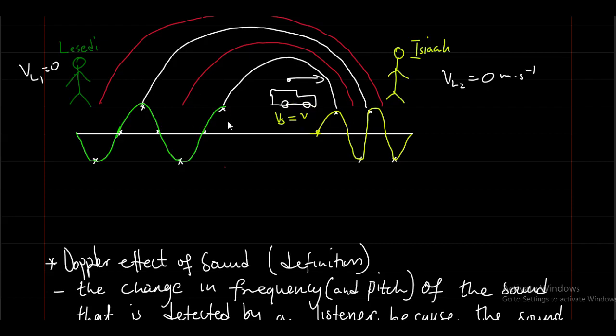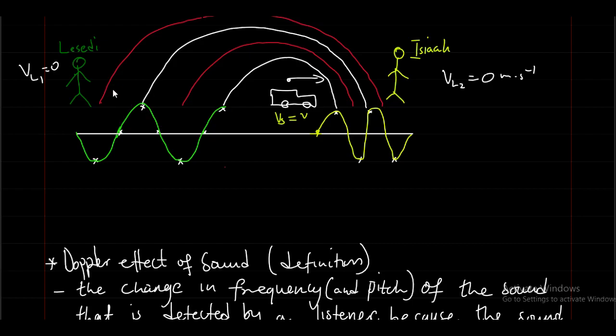Now you notice that the waves in front of Isaiah are compressed, and the waves between the city and the source are being distanced a bit. The space between the consecutive troughs has increased.